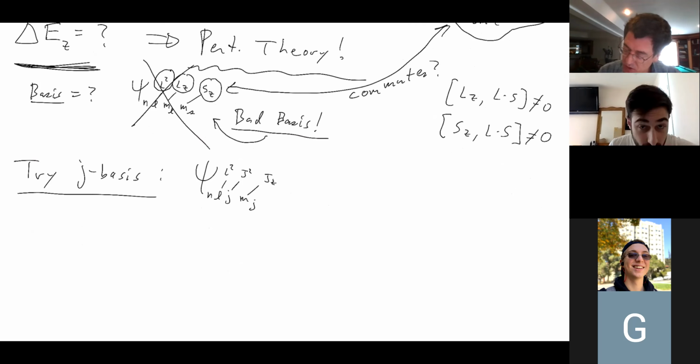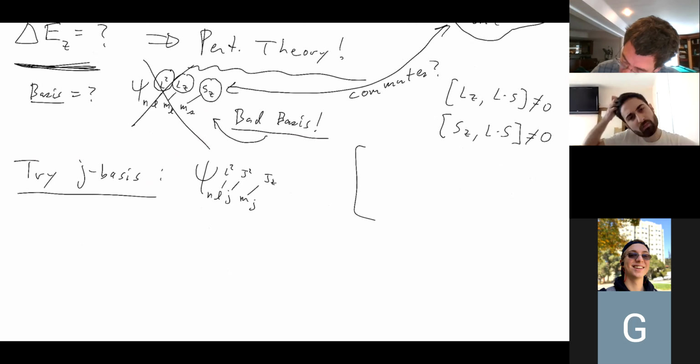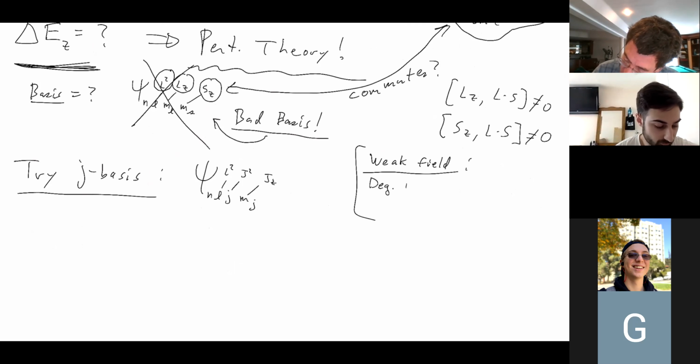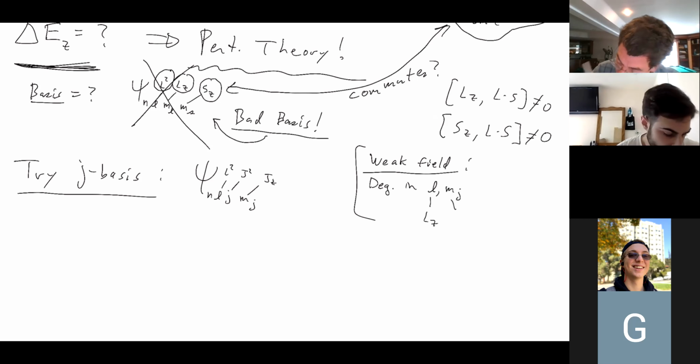And remember, for the weak field case, the degeneracy was in the L and the M sub J, which are denoted, of course, by L sub Z and J sub Z.